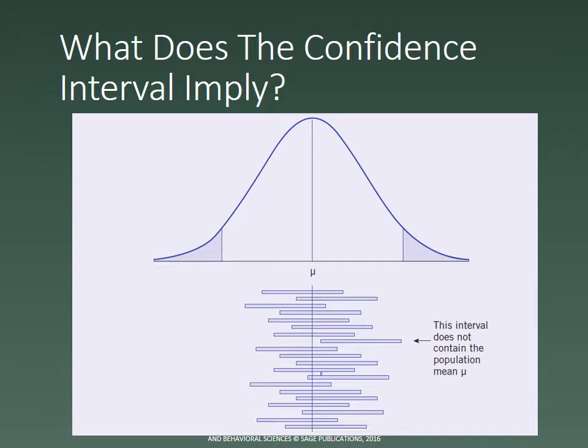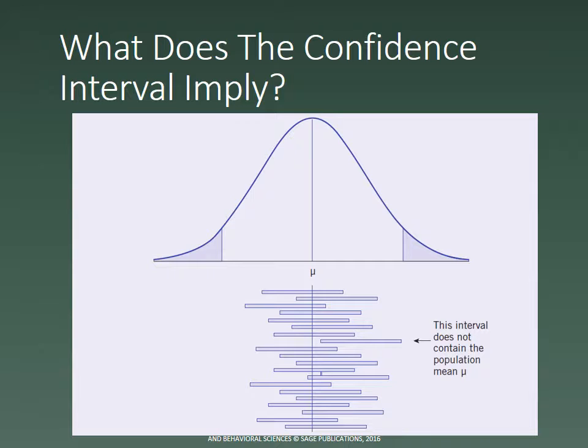So these intervals all contain the mean except the eighth one down, I think. The eighth one down does not contain that mean. But out of all of the rest of these, only one of our intervals does not contain the mean.